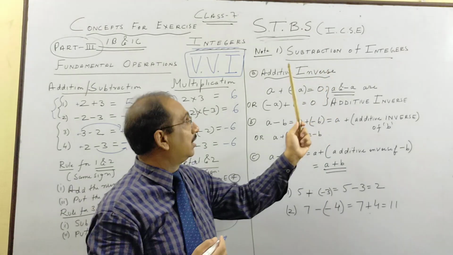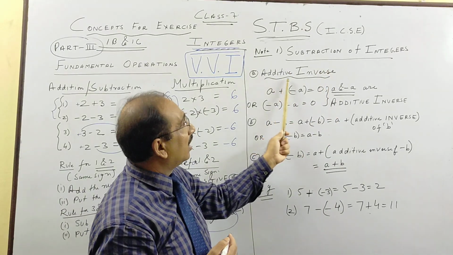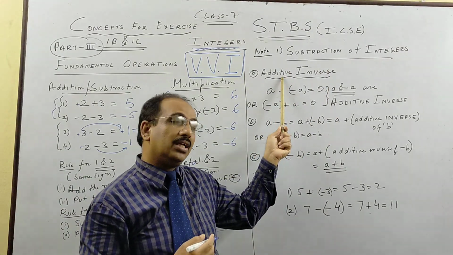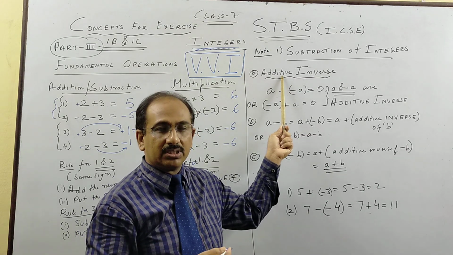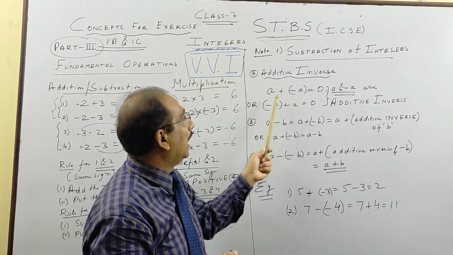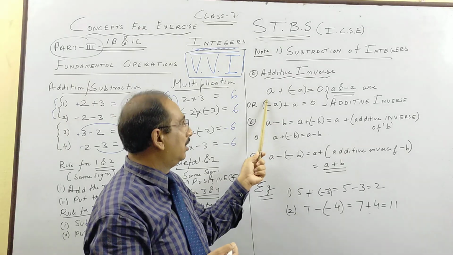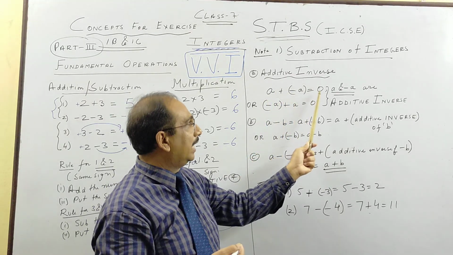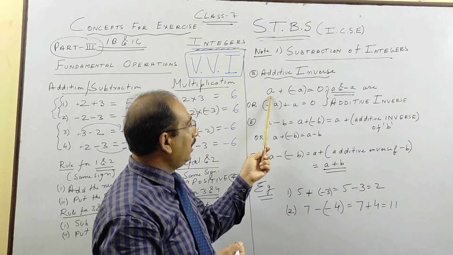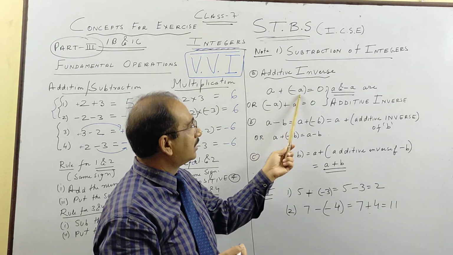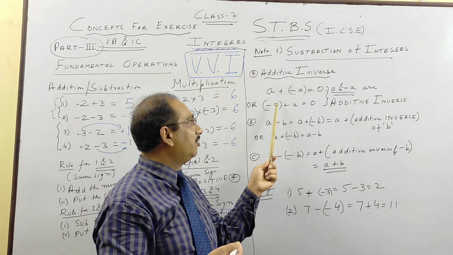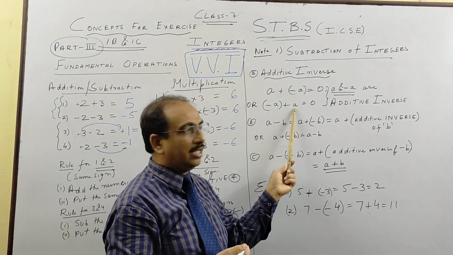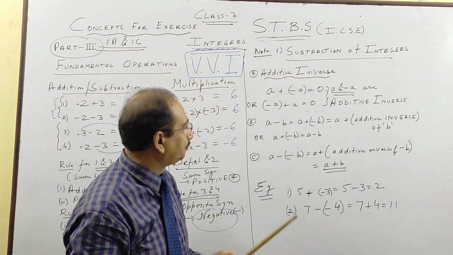Subtraction of integers, children, there is some concept called additive inverse. There is multiplicative inverse, which we may see later on. Additive inverse of a number is what you add to that number to get 0. So for A, the additive inverse is minus A. The additive inverse of minus A is A. You add, you get 0.